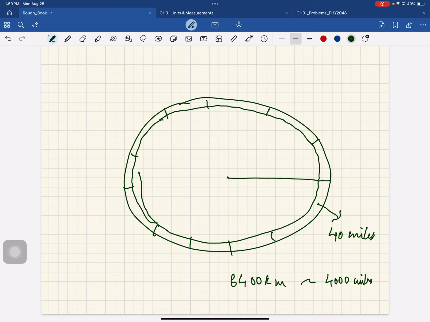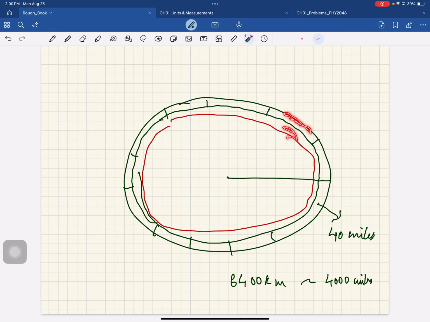And the rock layer underneath, because of the temperature and pressure, is sort of plastic, it's melted. So you can think of this as pieces of wood floating on honey.